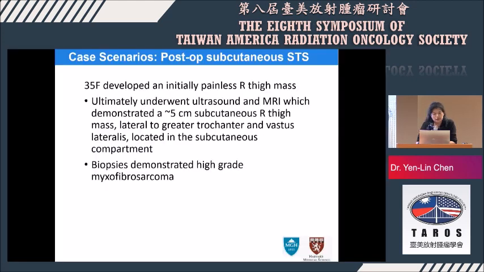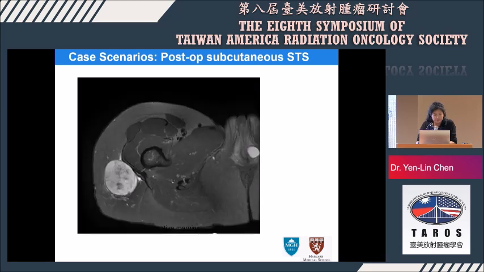So what about scenario 3, where we have now a different location, also in the lower extremity, a 35-year-old female with an initially painless right thigh mass, ultimately underwent ultrasound and MRI showing a subcutaneous 5 centimeter mass lateral to the greater trochanter and vastus lateralis in a subcutaneous compartment. The biopsy demonstrated high-grade myxofibrosarcoma.